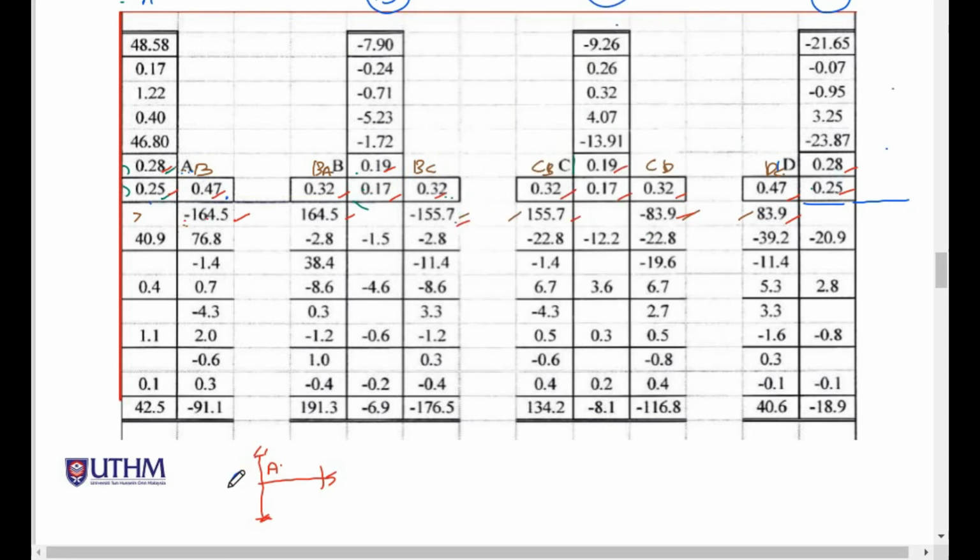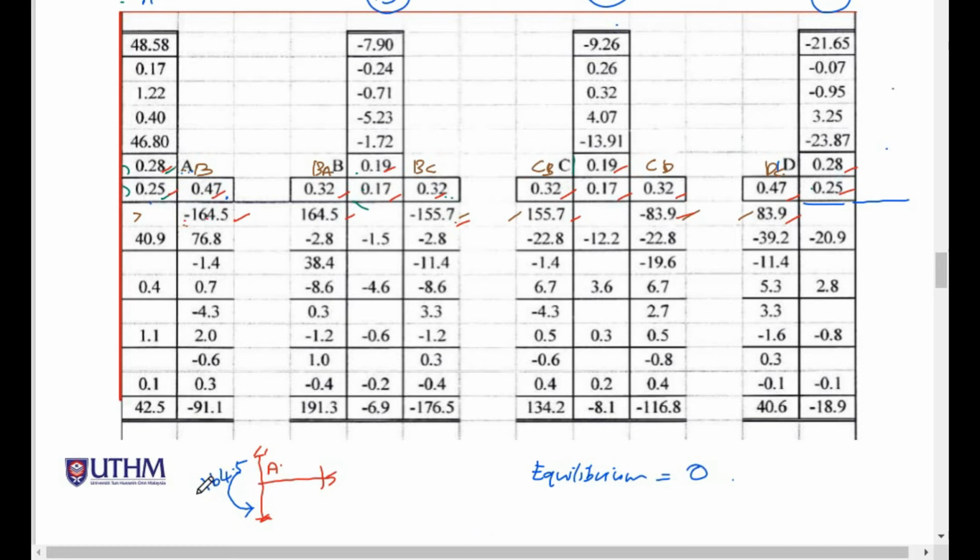Negative is this way, counterclockwise. 164.5. We need some value to make sure that this joint is in equilibrium condition, which is equal to 0.